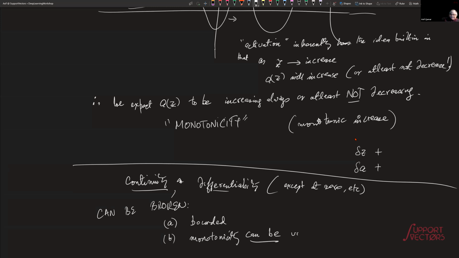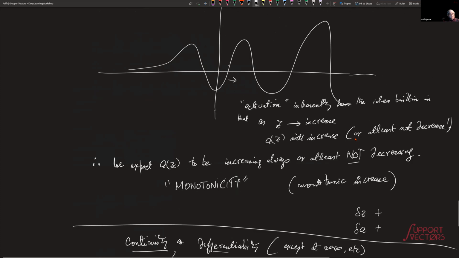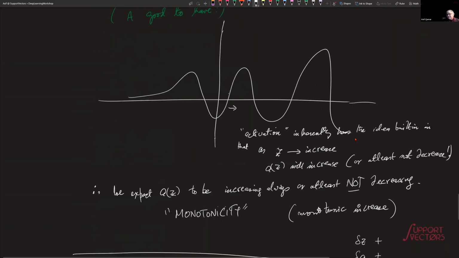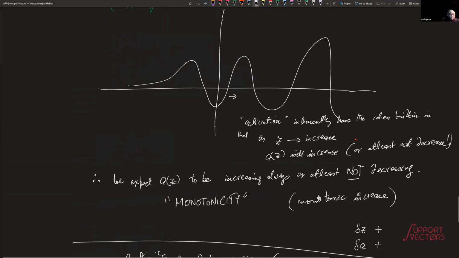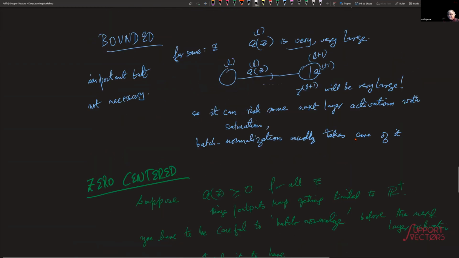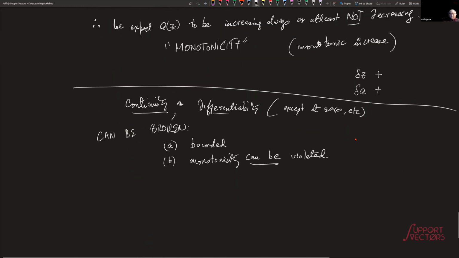People used to think it cannot be violated, but recently we learned that a lot of new activation functions break monotonicity, but they do it in a very strategic, careful way. And zero-centeredness is another thing that can be violated.